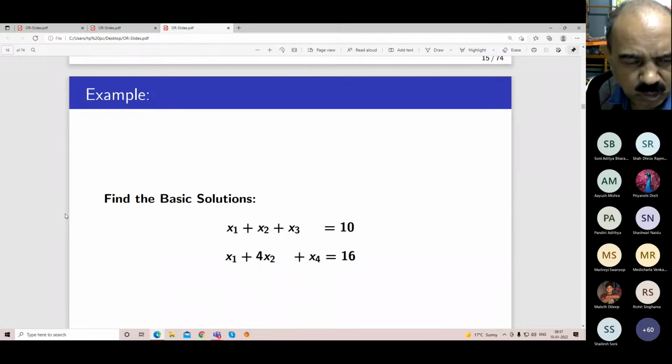If you find the coefficient matrix rank equal to, let us say, 2, then out of n variables, 2 of them are non-zero and the rest we are setting to 0. Then we try to explore the solution.